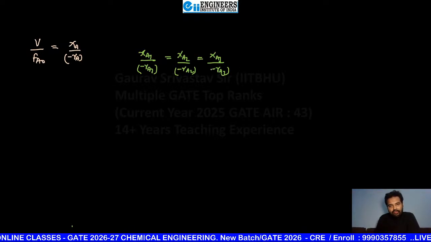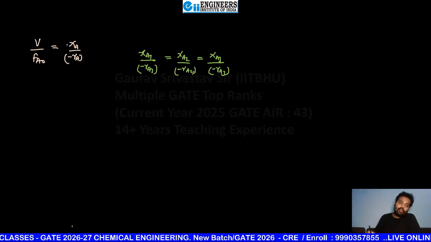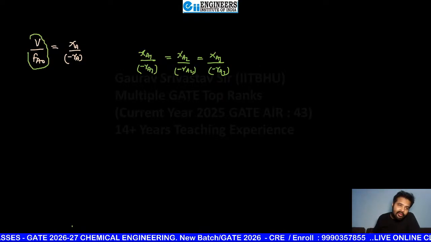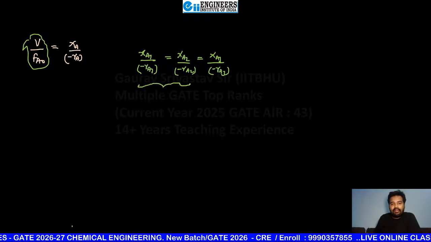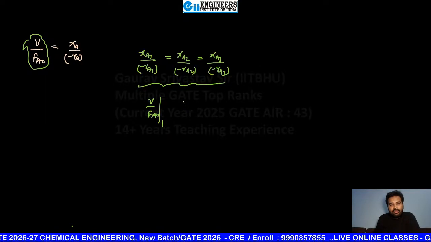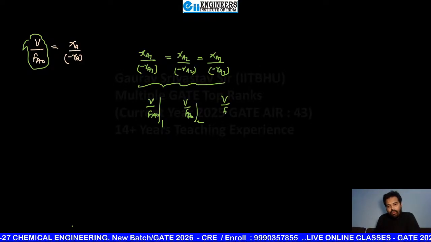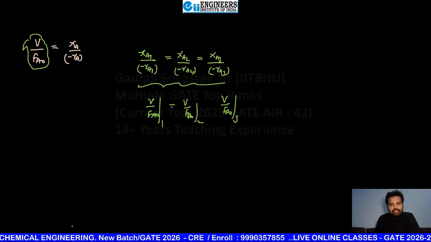If the right hand side is the same, then it is possible only when the left hand side for all these reactors is also the same. So V by FA naught for the first one, second one, and third one must also be the same.